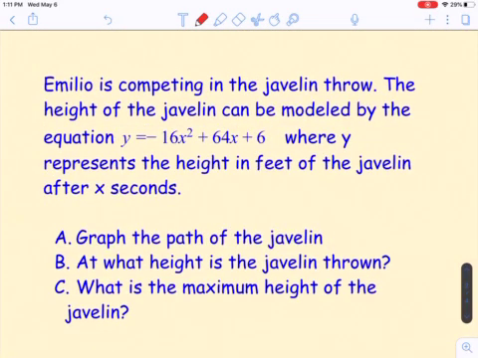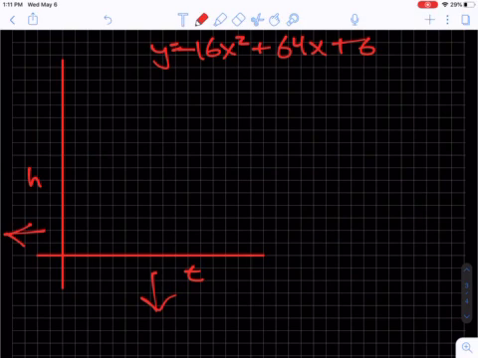Y represents the height in feet of the javelin, so this is height in feet, and this is time in seconds. If we're going to graph this, it would be really helpful to know the features we know. It would be helpful to know the y-intercept.